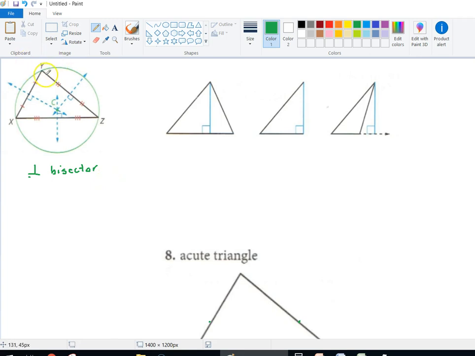So take a look at this picture from your book, and I'll start here with the side of this triangle. It's an acute triangle, and we measure halfway. So the first thing you do is measure halfway across the segment.